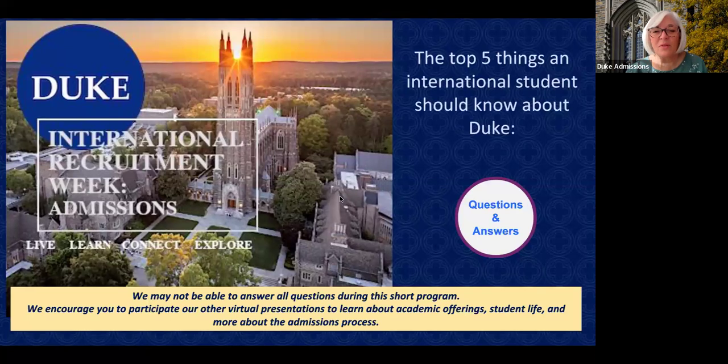But as we talked about with our application process, we're going to look at each application within the context of that student and their unique circumstances and not look for certain numbers to fill from areas around the world, whether international in general as opposed to domestic students or within areas within our international pool.